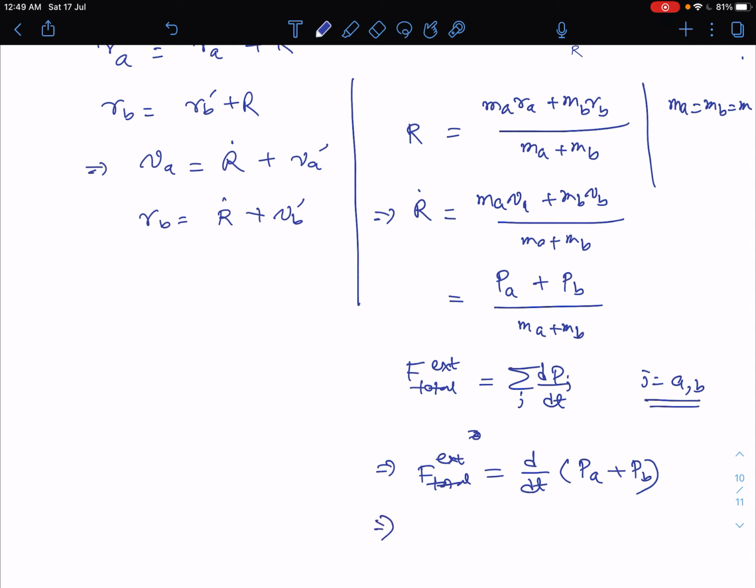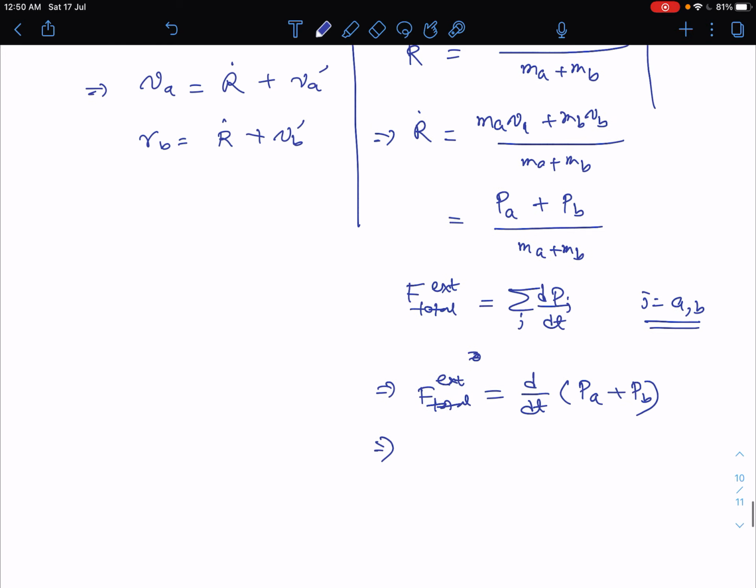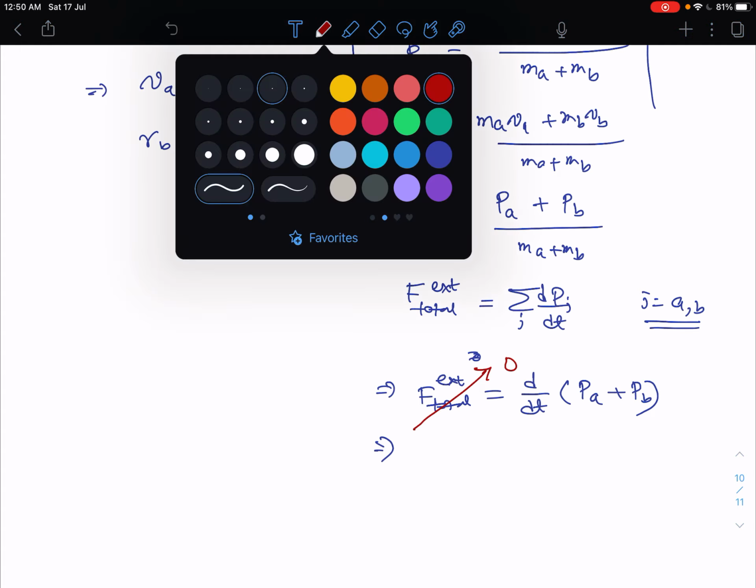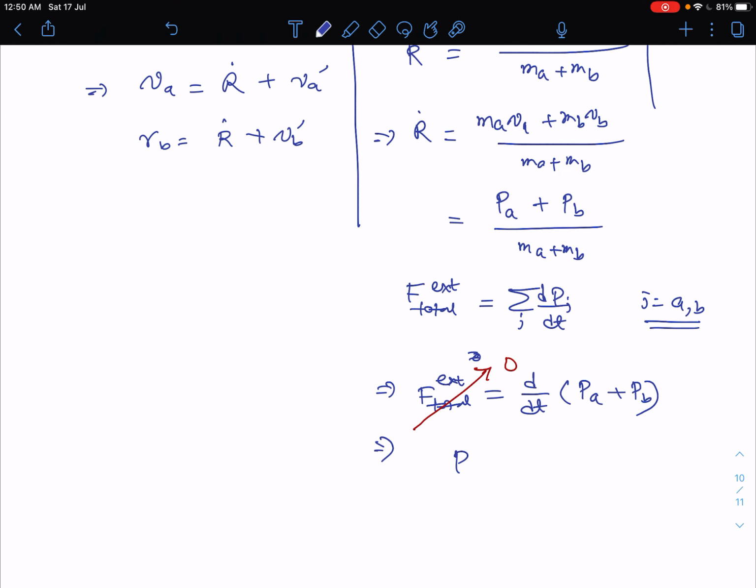Since there is no external force in our system that consists of the block mass MA and mass MB, our F total external is actually 0 in our case. So that's why PA plus PB is constant at any instant of time.